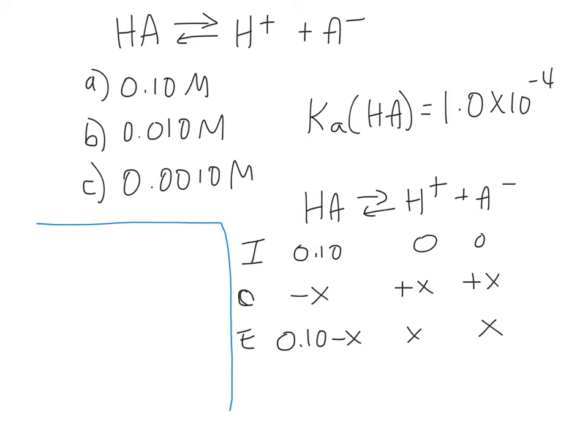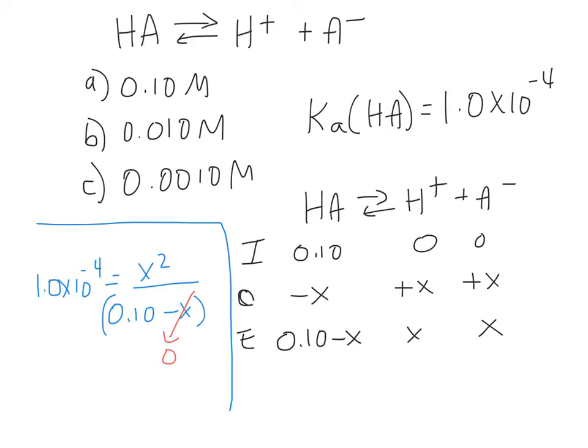If we take the last line, the equilibrium concentrations, we know that Ka, the equilibrium constant, 1 times 10 to the minus 4, will be equal to x squared divided by 0.10 minus x.